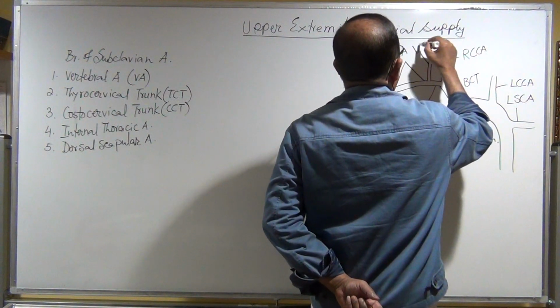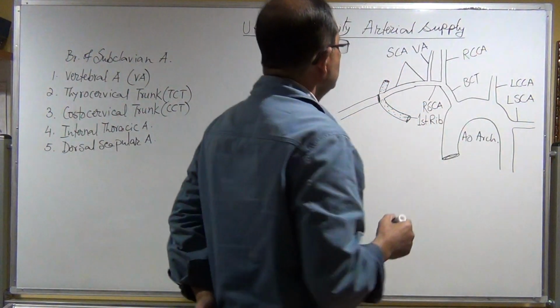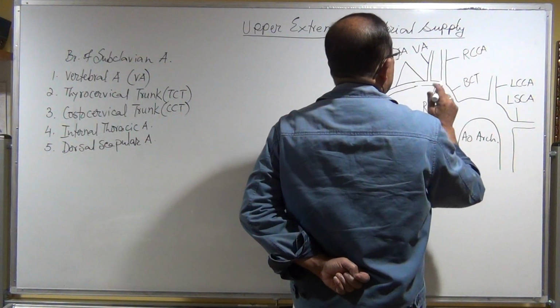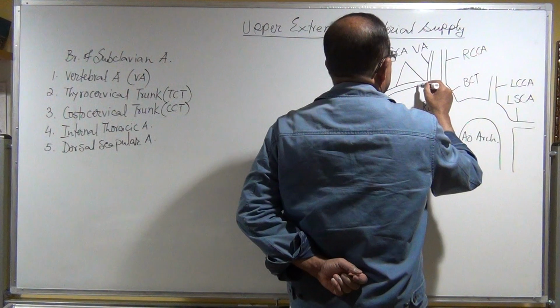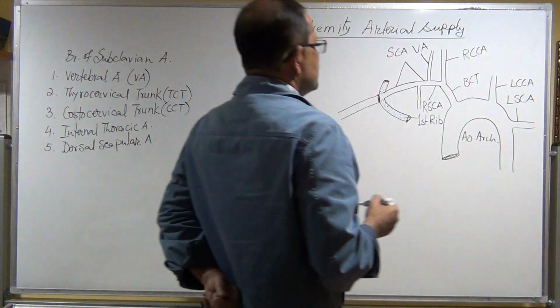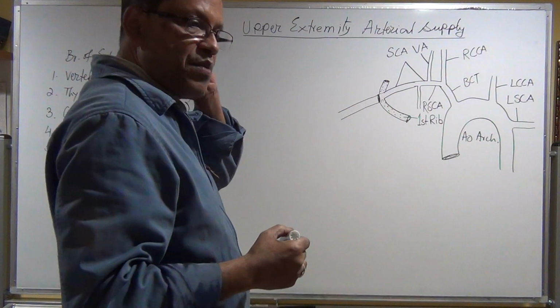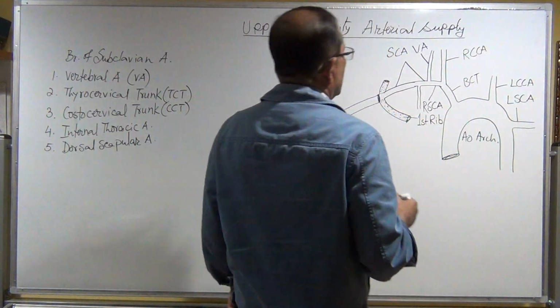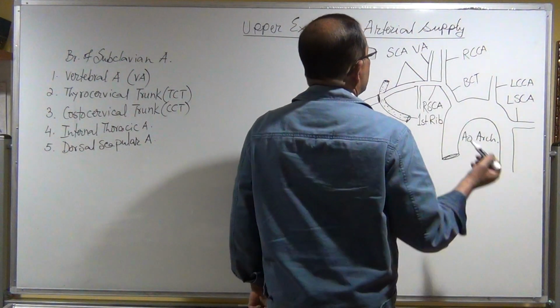The subclavian artery has the first branch, which is the VA, vertebral artery. Then another branch after the VA is the internal thoracic artery, also known as intramammary artery or mammary artery.